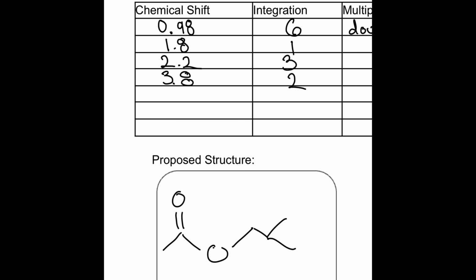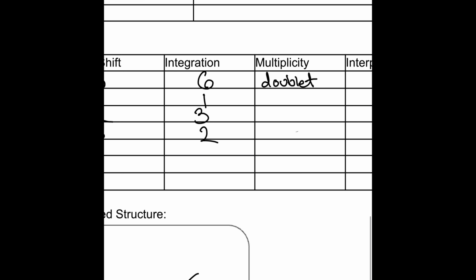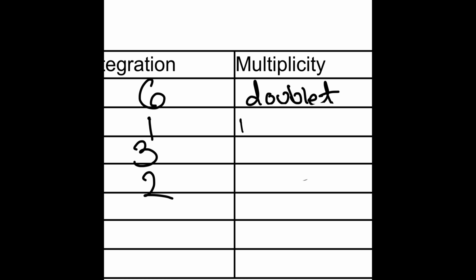So that would be a total of 9 hydrogens present, but we're just going to write that in as a multiplet.